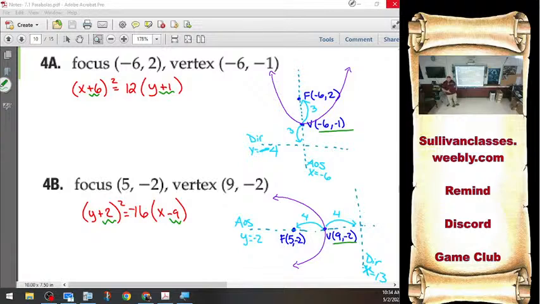They're grouped in parentheses with a variable, so they're always backwards. If you know the p-value, then you can find the 4p value. Whether it's positive or negative just is whether you go north or south, whether you go east or west.